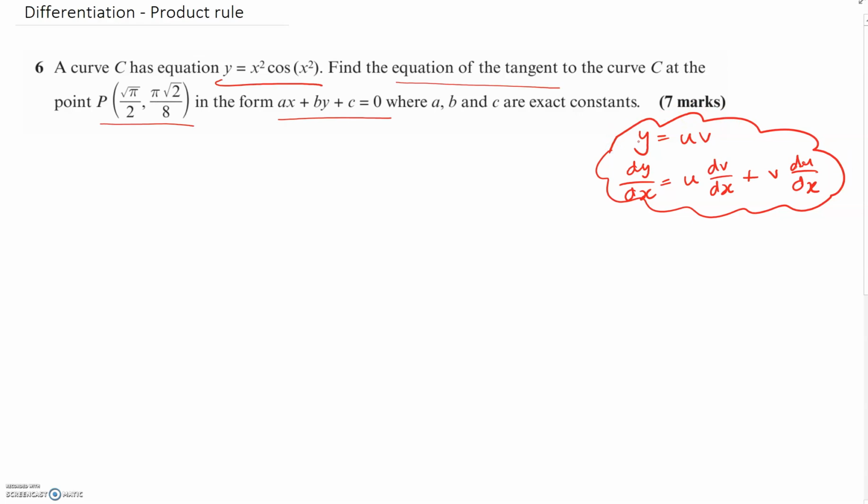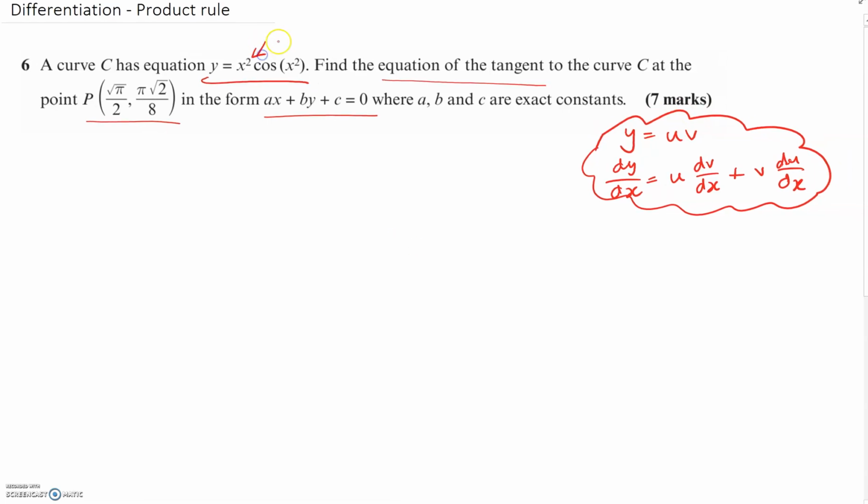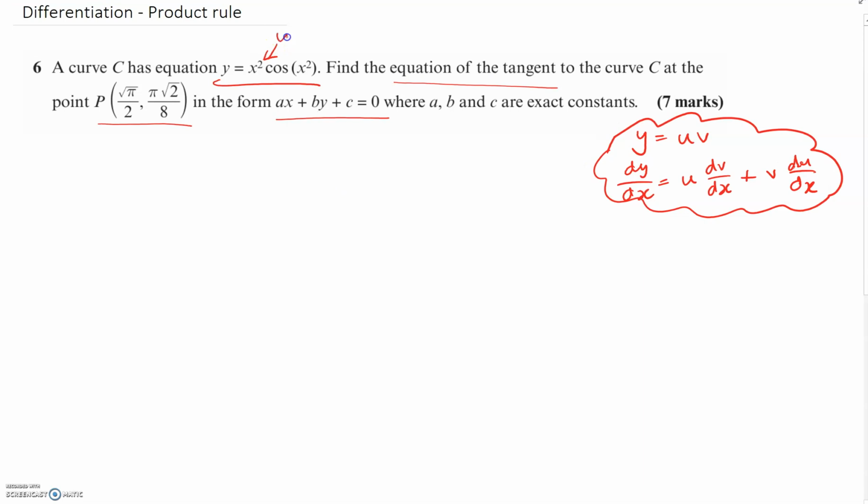So in order to do this, we need to then define one of these as a u and one is our v. So let's say u is x squared, and then we're multiplying that x squared by cos of x squared. Okay, so again, in order to apply the product rule, we need to differentiate both of those.